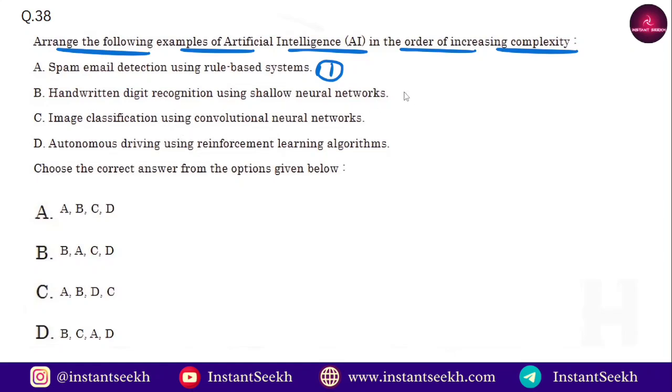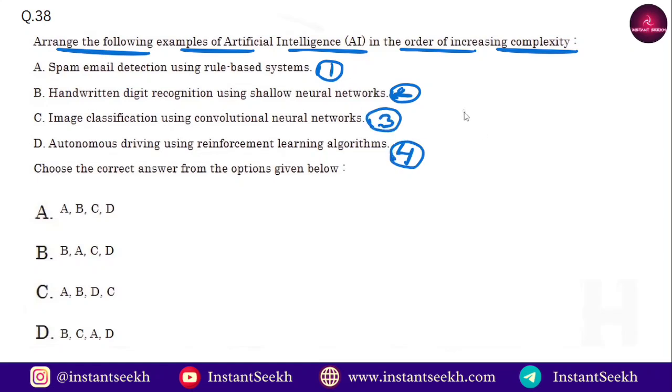So handwritten goes for second. Handwritten digit recognition using shallow neural networks, image classification, and autonomous driving. You can straight away mark the most difficult one is autonomous driving, so this goes for 4, and image classification goes for 3.